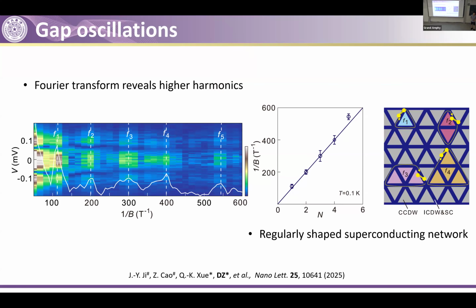That gives you the higher harmonics. So it looks like this superconducting network is quite regular, so that we can have these features. And we think this is also because the tunneling probe is probing a small area, so we can better resolve these features.